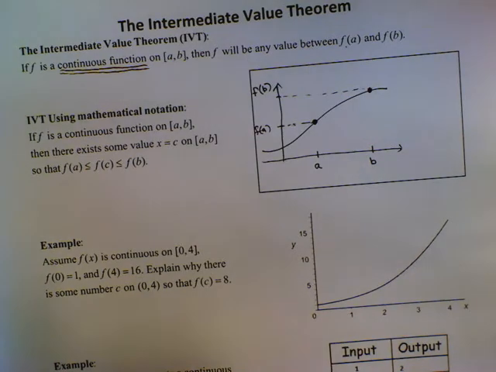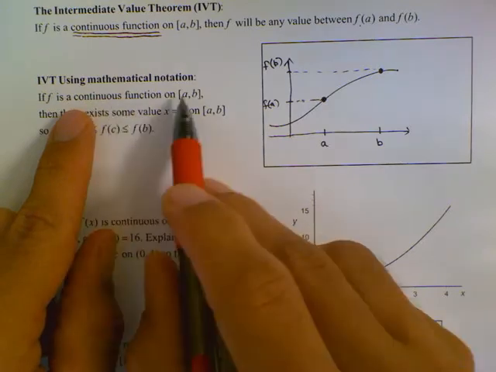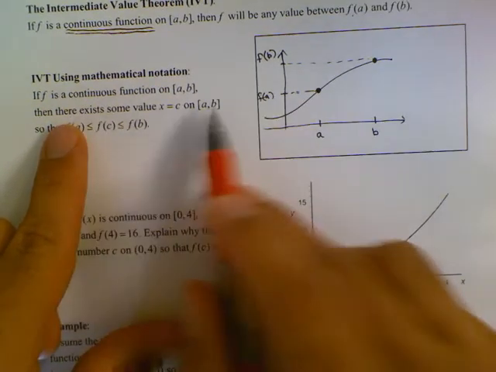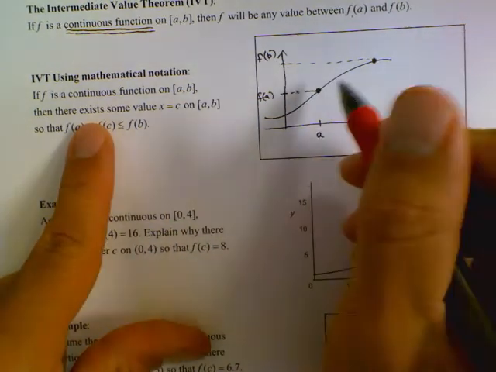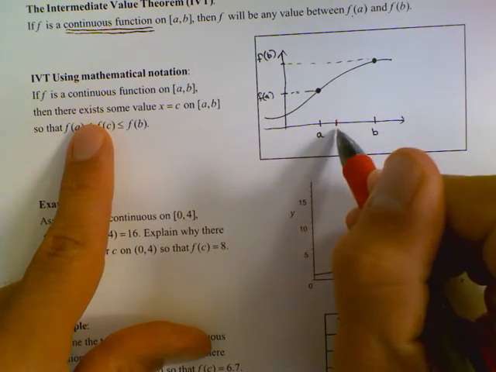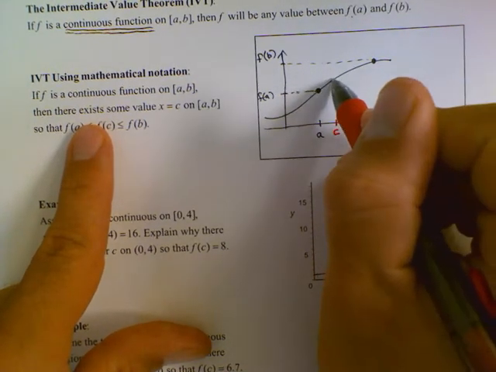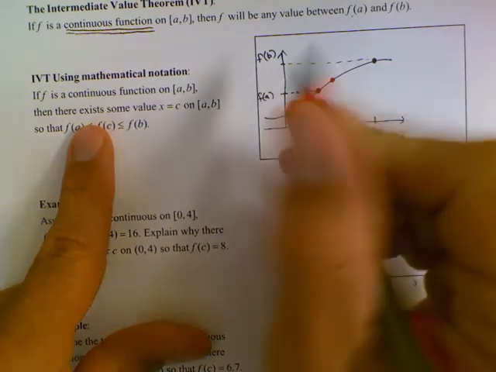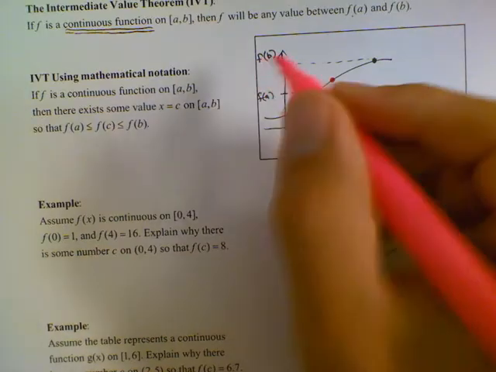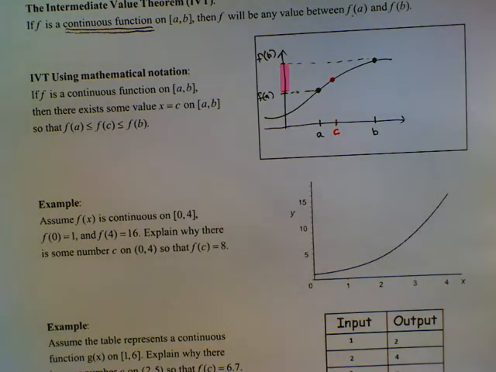So what the IVT, intermediate value theorem, says is that there exists some c, so that if I do substitute in some c value, and it's between a and b, then the output has to be somewhere between f of a and f of b.